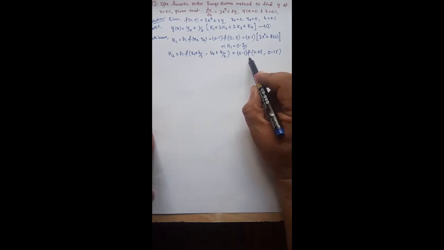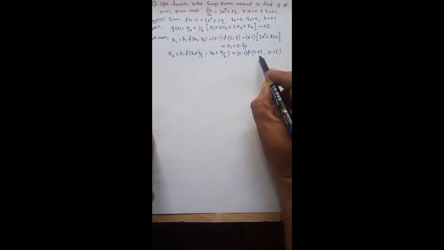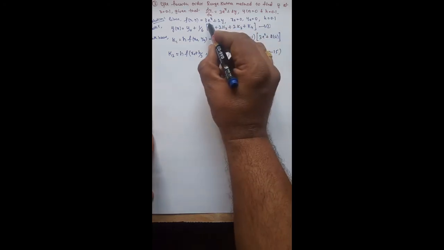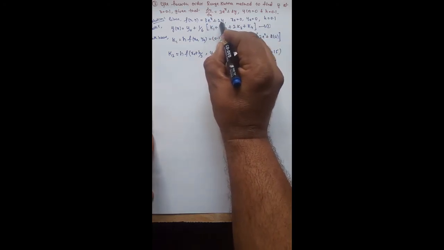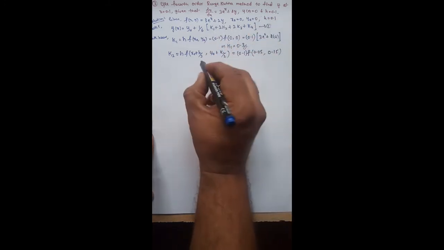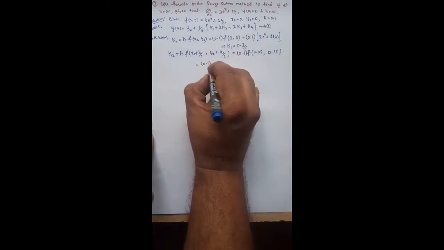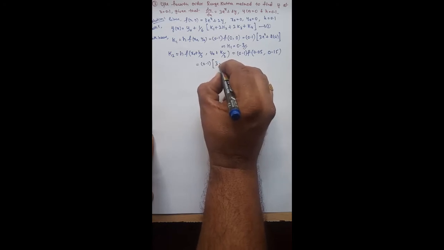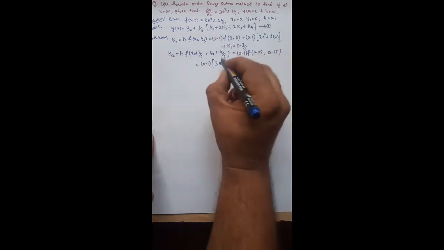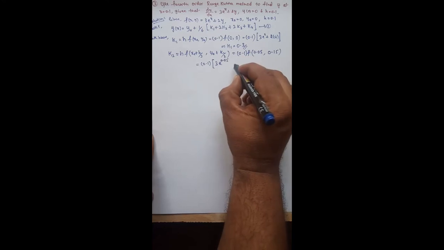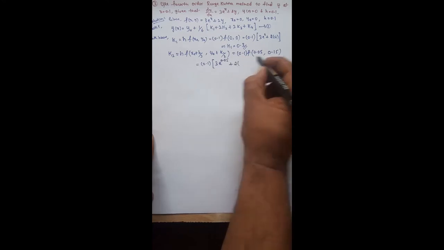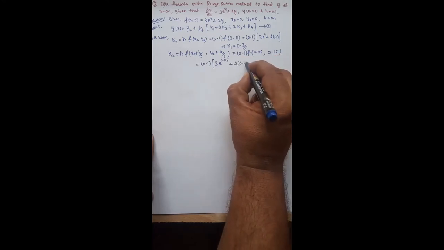Now again the same procedure. This is in the form of f of x comma y where x is 0.05 and y is 0.15. Substitute them in this relation, the x and y values. If I substitute, we get 0.1 into 3 e power x, what is x, 0.05, plus 2 into y, what is y, 0.15.